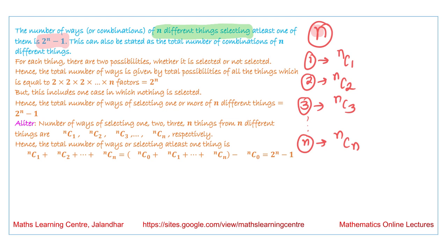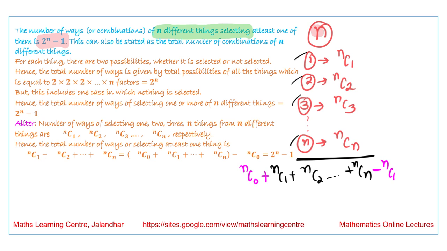Because these are all different cases, by the fundamental principle of addition, the answer is nC1 plus nC2, and so on up to nCn. Now if we add nC0 and subtract nC0 from this, the value of the sum becomes 2 raised to the power n, and nC0 is equal to 1.